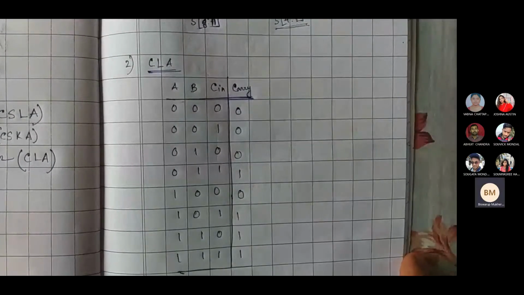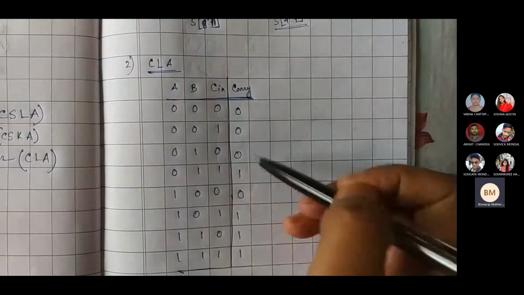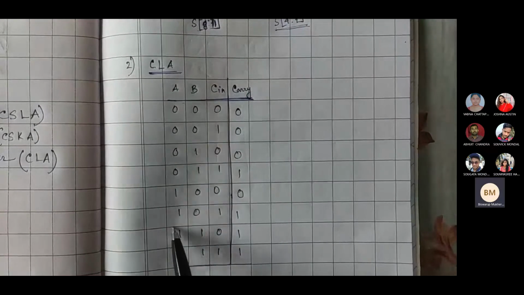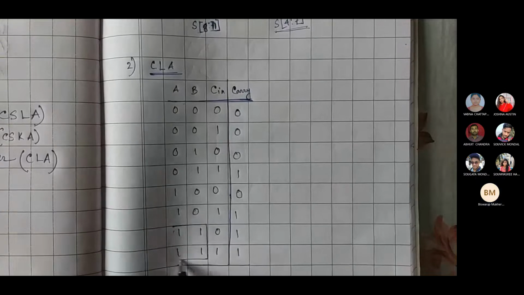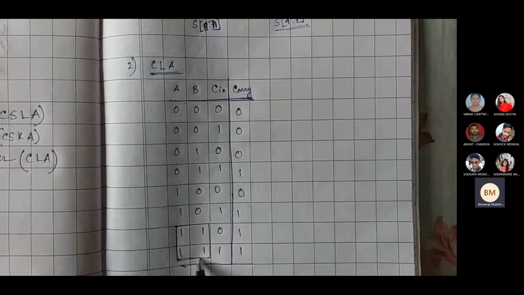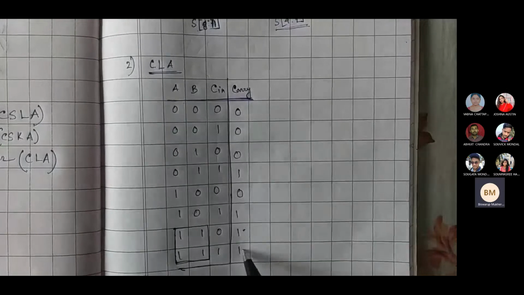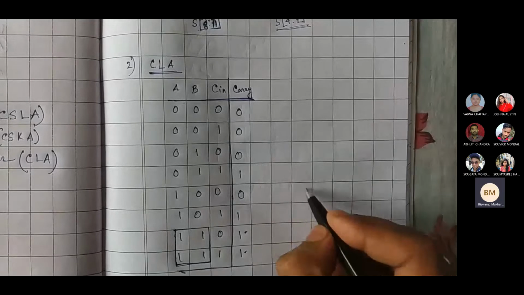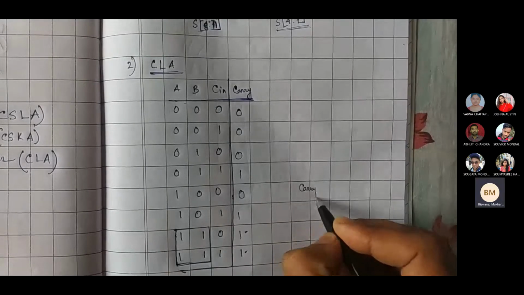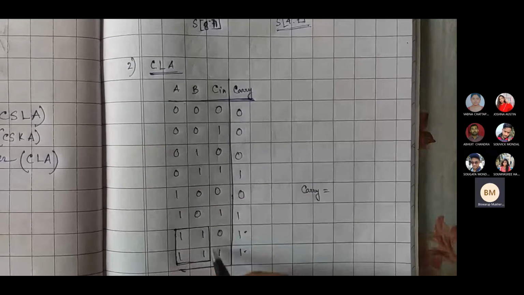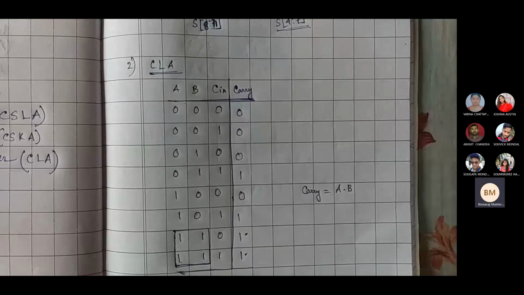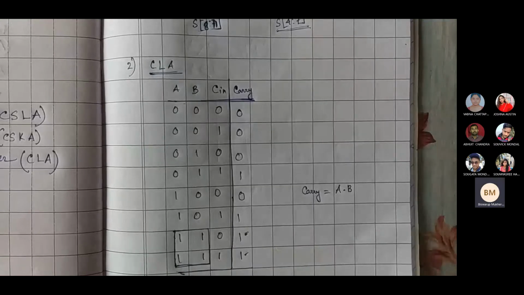Now, if we would like to take these outputs in some other way, it shows that whenever A, B both are 1, then the output carry is becoming 1. So we can write carry is 1 whenever A, B both equal 1. So we can write A dot B first. These two cases can be defined in this way.